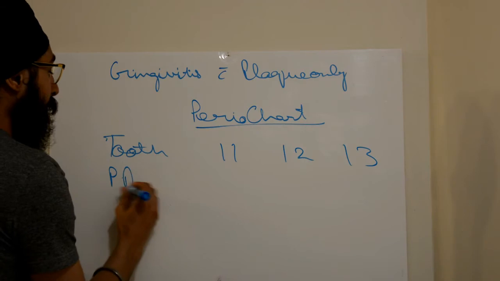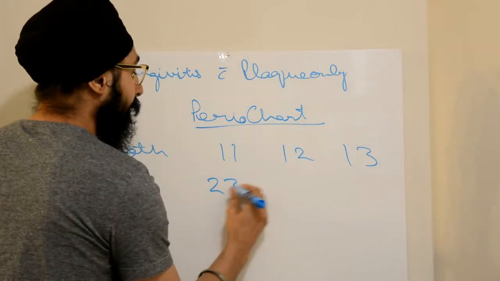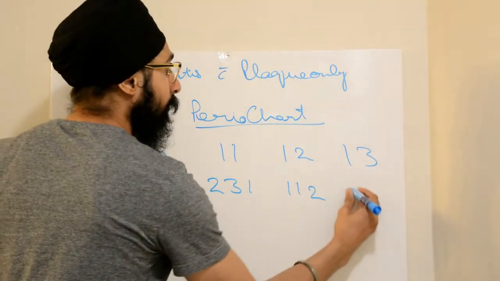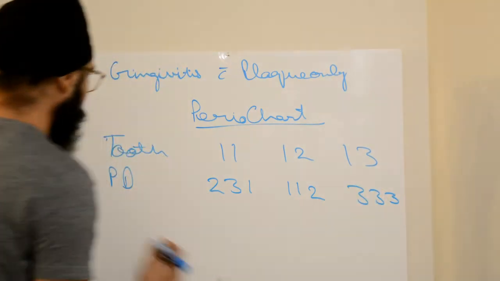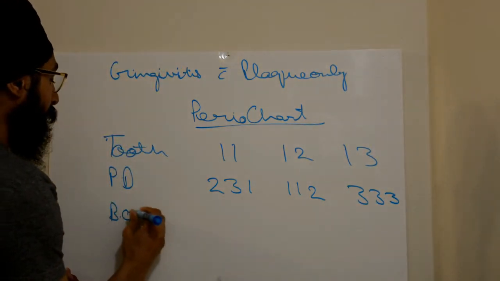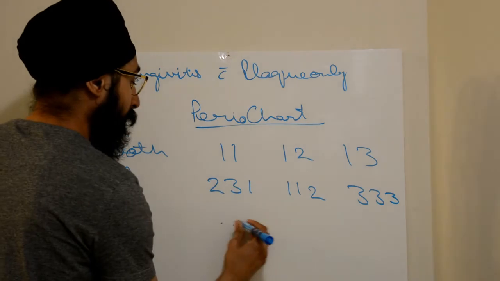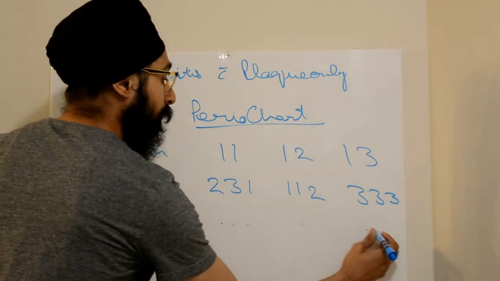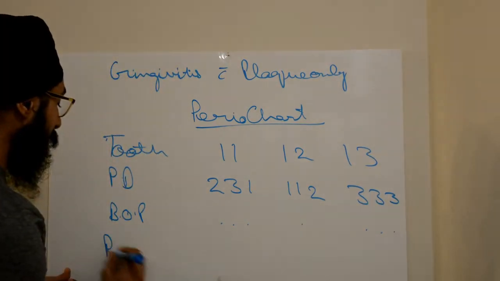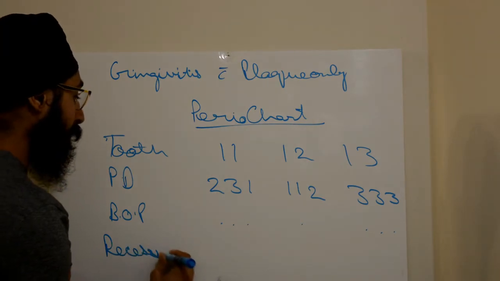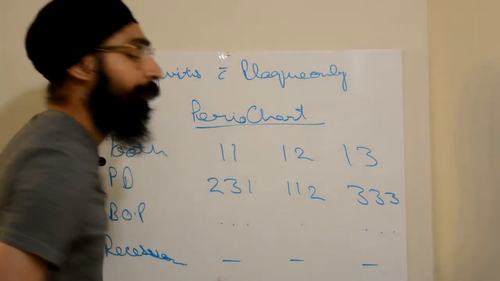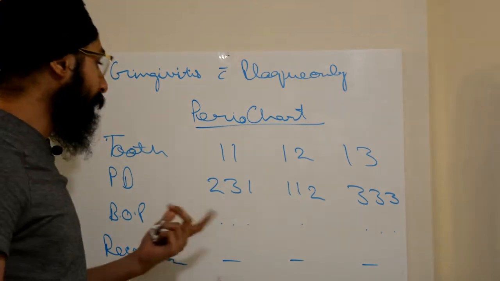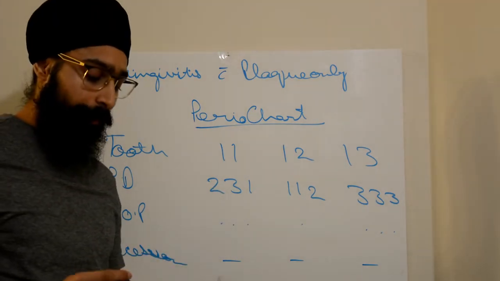Probing depth is 2 3 1, 1 1 2, 3 3 3. Bleeding on probing. Recession, no recession anywhere, and there is no mobility, and of course since these are anterior teeth, there is no furcation involvement.